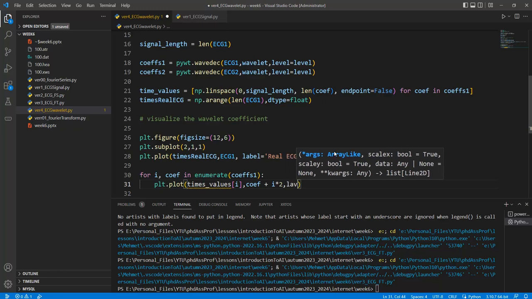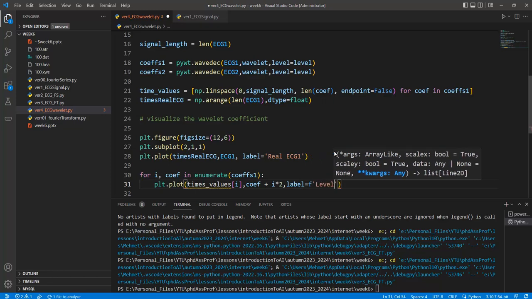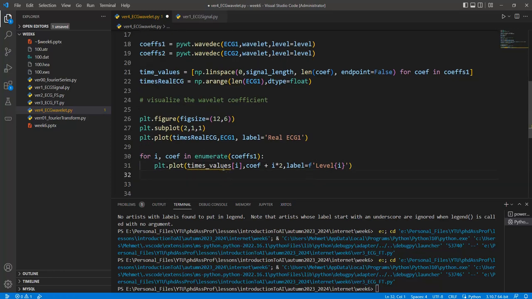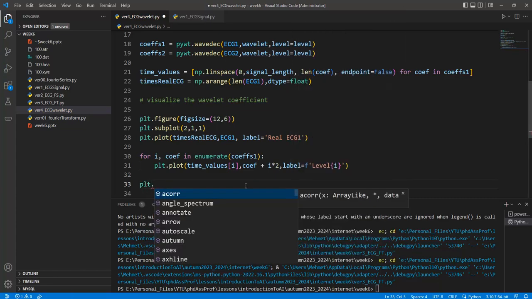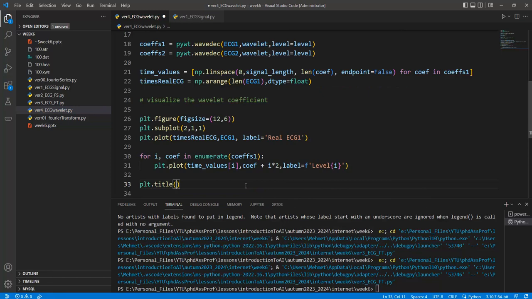And the label in the graph I will explain this utilization. Level i, okay. And after that time values, okay. After that plt.title, the wavelet coefficients ECG1, okay.